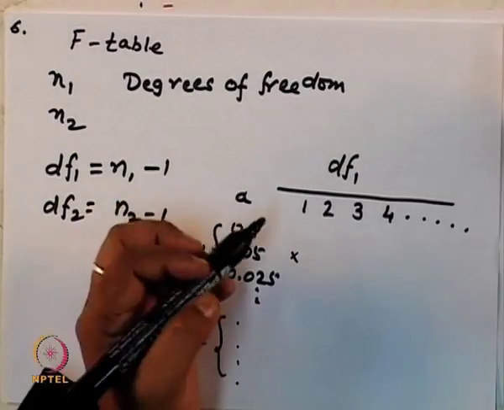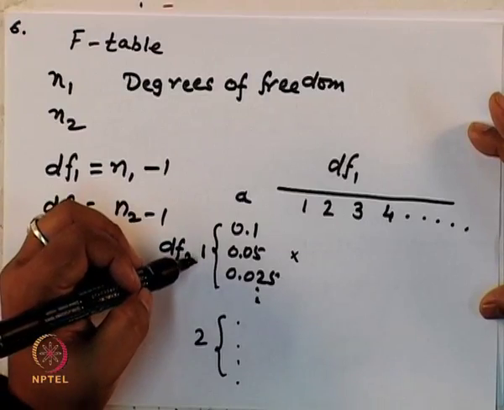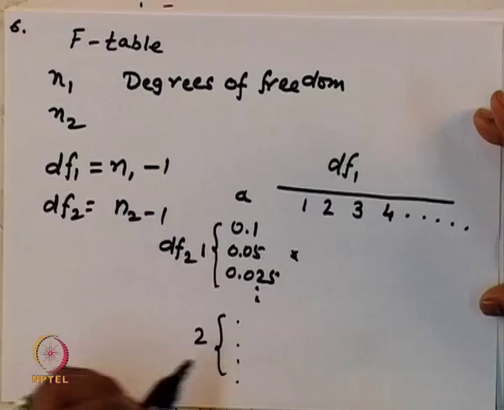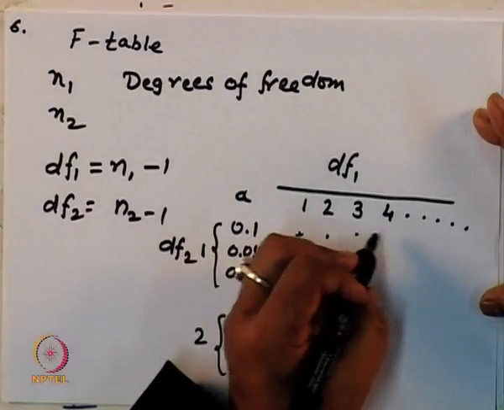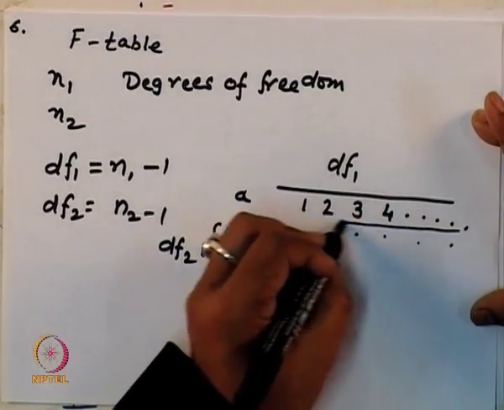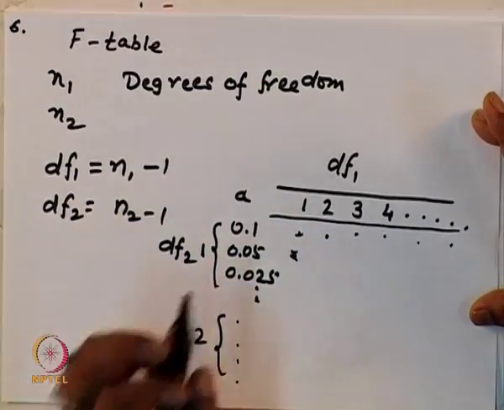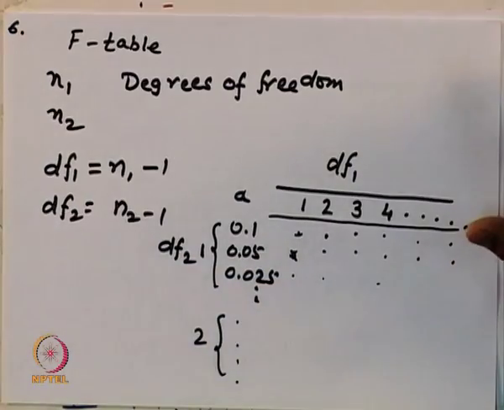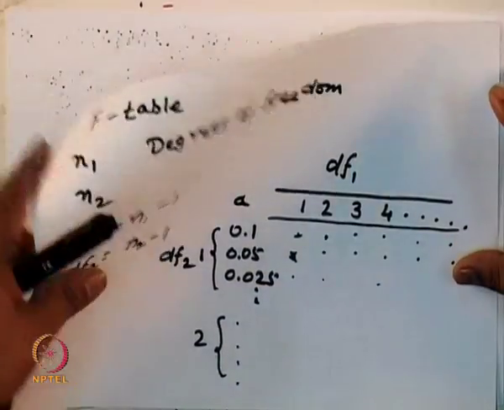So for example, if my df1 was 1 and df2 was 1 and my significance level was 0.05, then this is the value I will choose. So you have values written for all of this, for each combination.